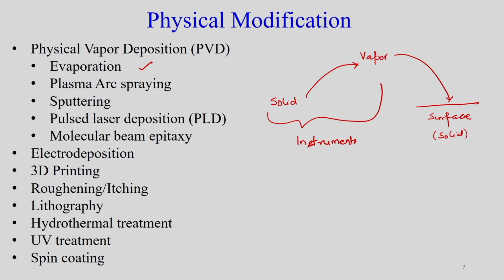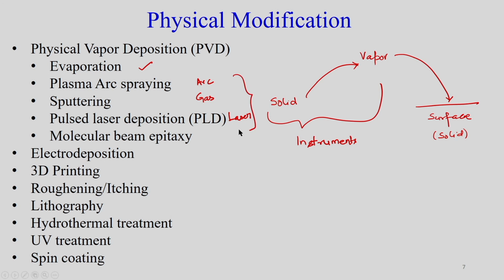Now, plasma can be generated by an arc, it can be generated by a gas molecule, particularly an inert gas, or it can be generated by a laser.